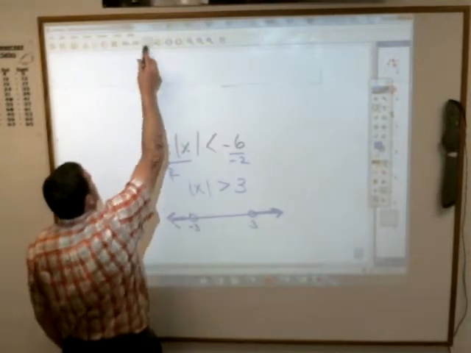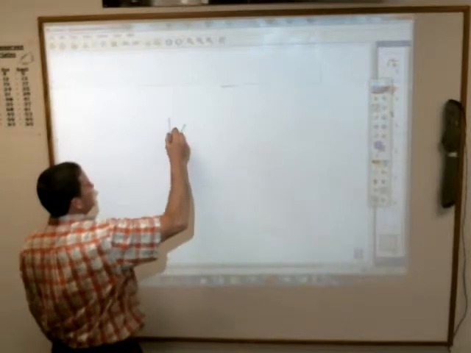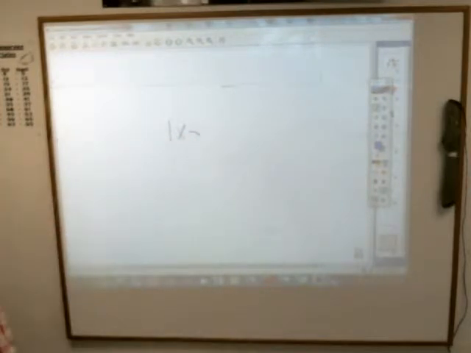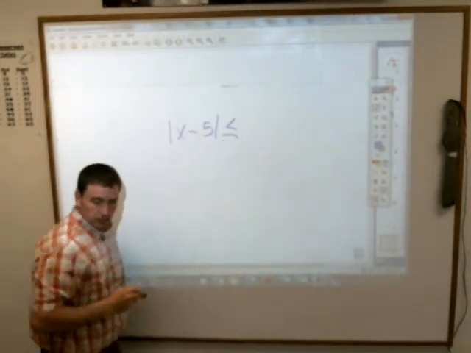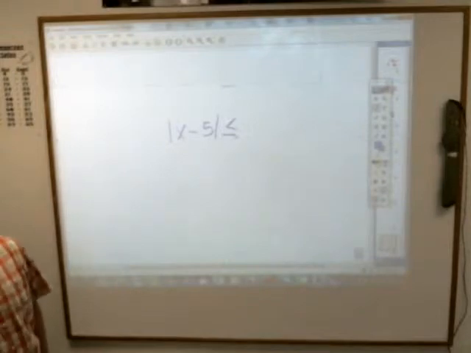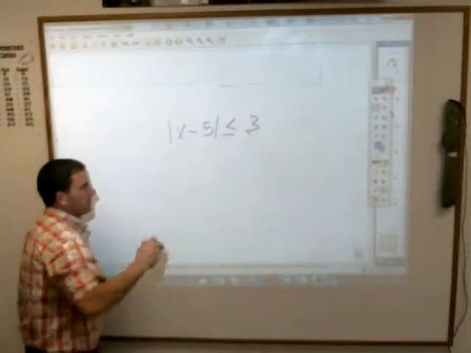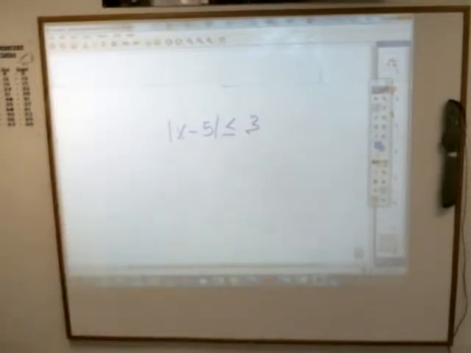How about this one? The absolute value of x minus 5 is less than or equal to 3. Less than or equal to 3.